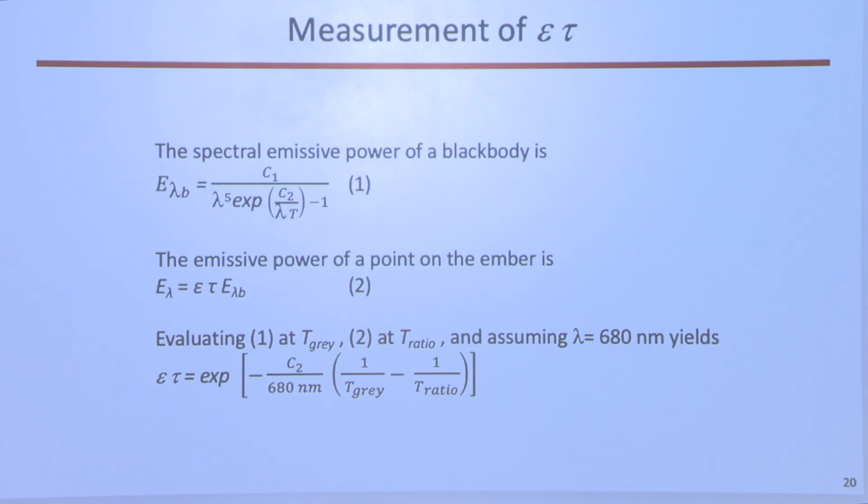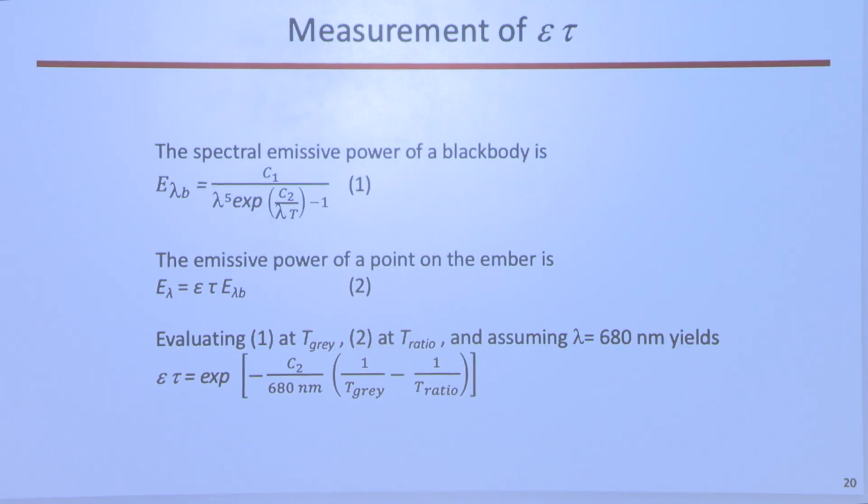The first equation is one we've all seen in our heat transfer class, in the chapter on radiation. This is the spectral emissive power of a black body. It's a beautiful equation. For those of you who saw Angela Violi this week talking about the ultraviolet catastrophe, this equation accounts for that. It shows the intensity versus wavelength for any temperature of a black body.